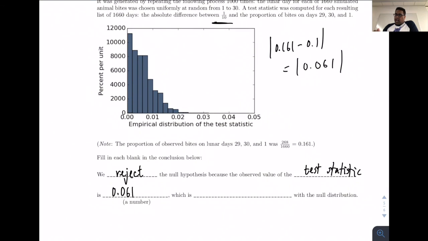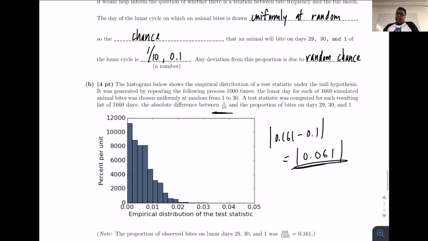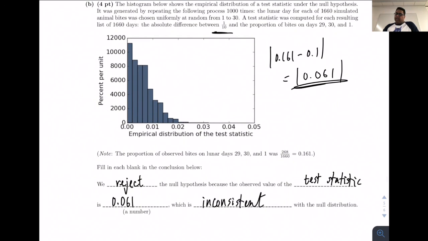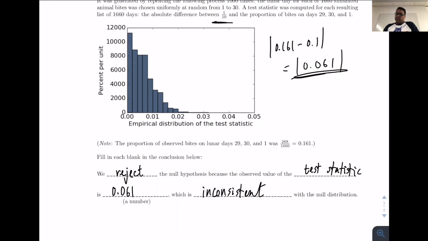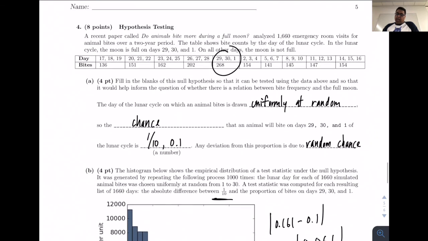What inconsistent means is that that kind of value does not appear in the empirical distribution, meaning that okay, there's something weird going on here. Our null hypothesis can't be true because the test statistic was so far away from the values that we determined with our simulation. And that just about wraps up problem number 4.